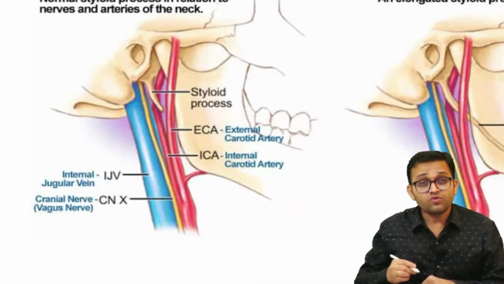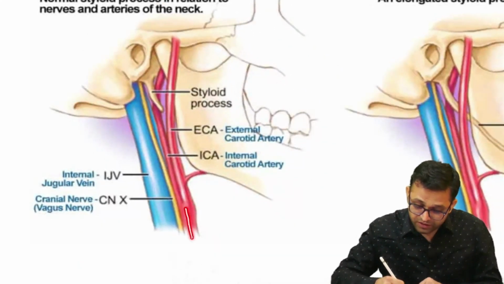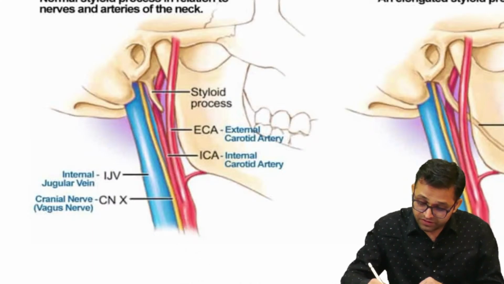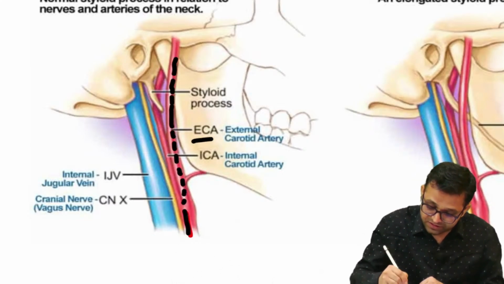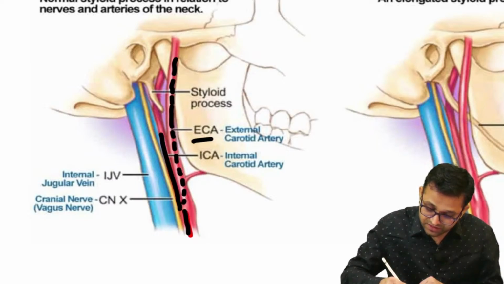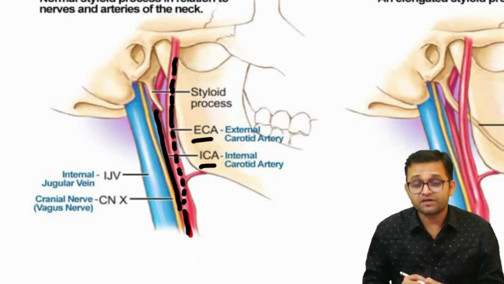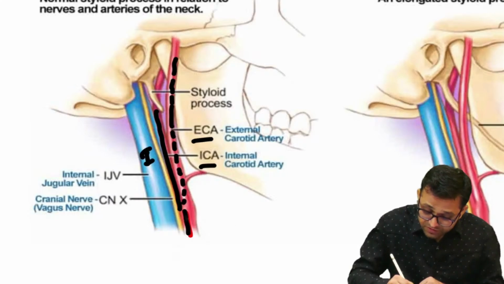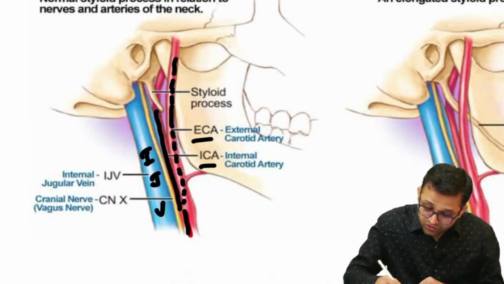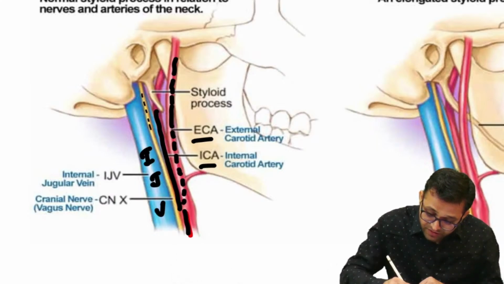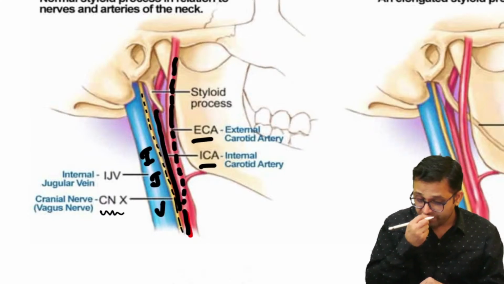Correct, sir. You can observe the artery. Sir, here is our common carotid artery. Yes, it is dividing into the external carotid artery. Correct, sir. And it is going inside. So this is the internal carotid artery. You can observe the internal jugular vein, and in between them you can see, sir, this is the vagus nerve. Yes, vagus nerve. Fine.